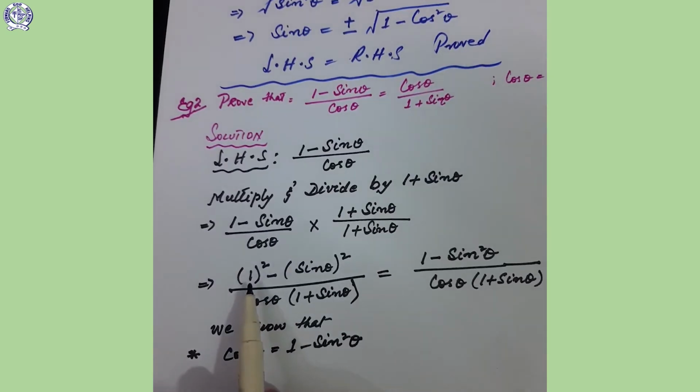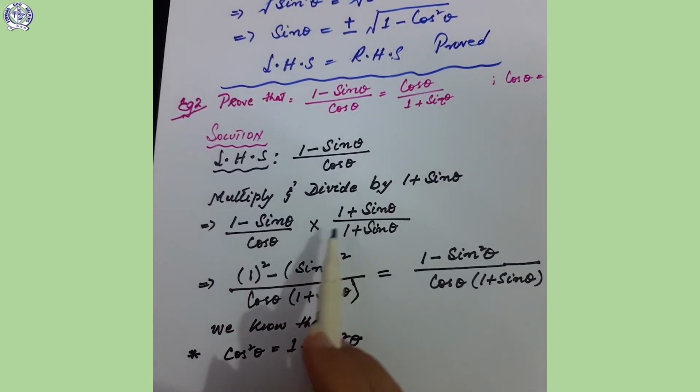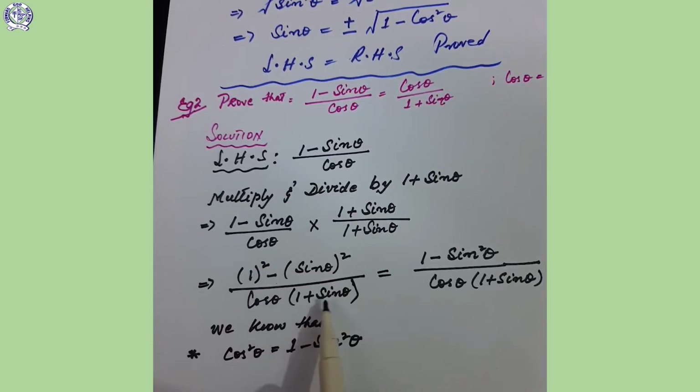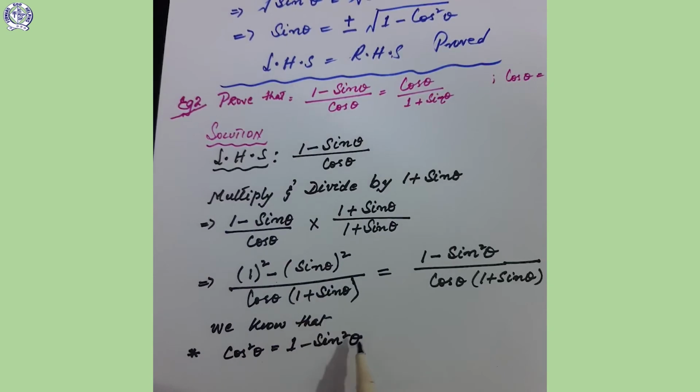This you all have understood. Numerator into numerator, it is a minus b, a plus b is a square minus b square. Denominator into denominator, cos theta into 1 plus sine theta. Now this is equal to 1 minus sine square theta, and the denominator as it is. This formula we have already done, so we know that cos square theta is 1 minus sine square theta. So this numerator we will replace by cos square theta.